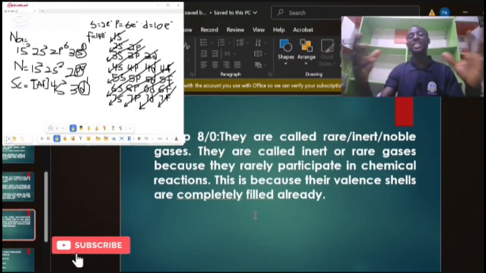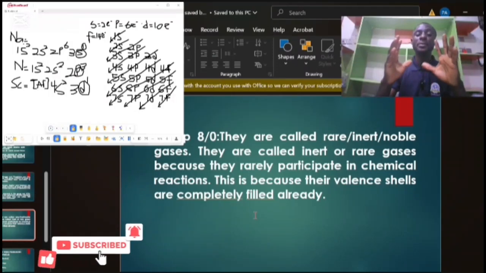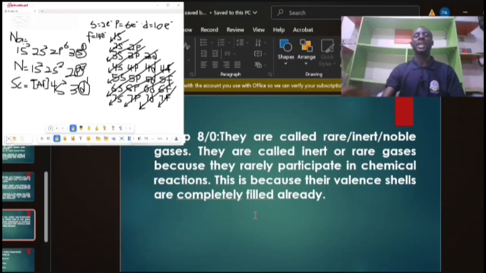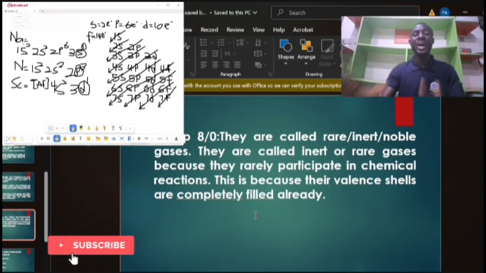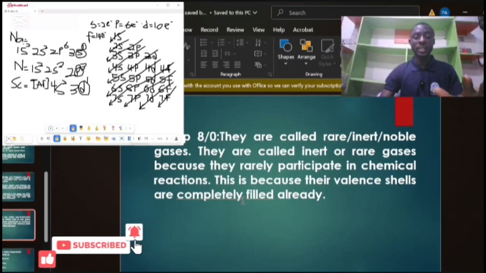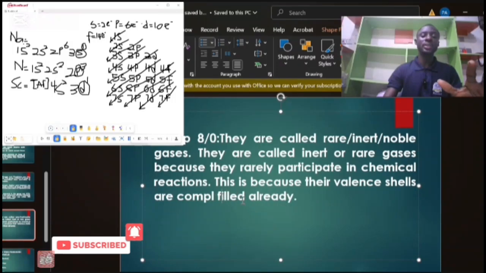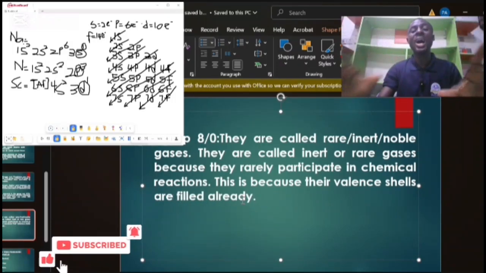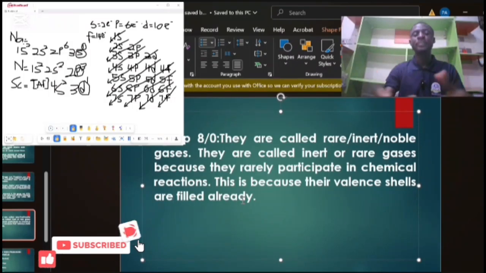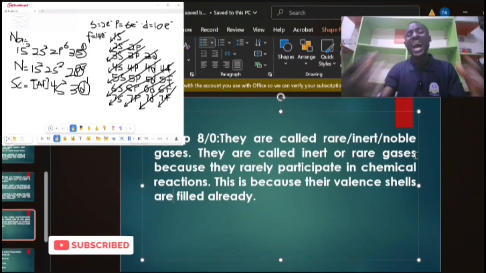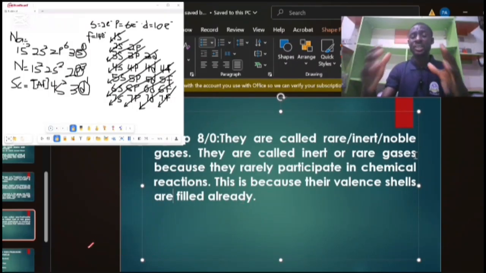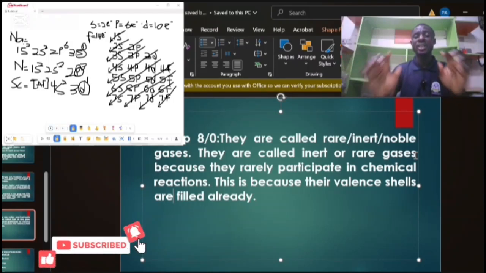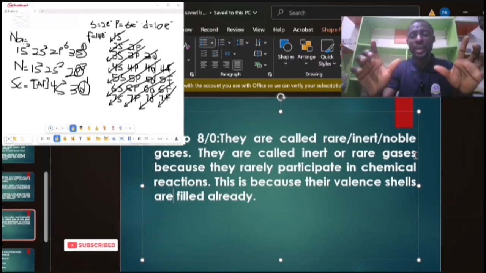This is because their valence shells are filled already. All right, why are these elements called rare gases or inert gases or noble gases? It's simply because they rarely participate in chemical reactions.